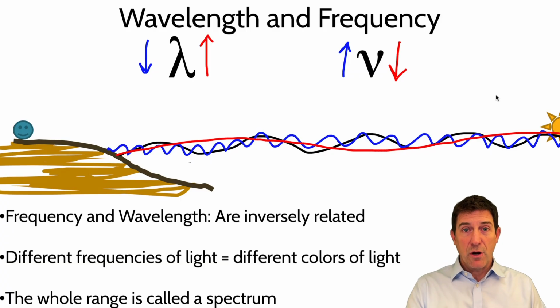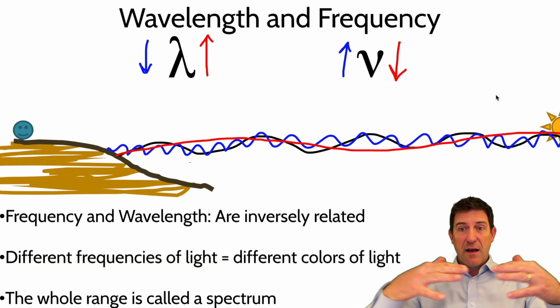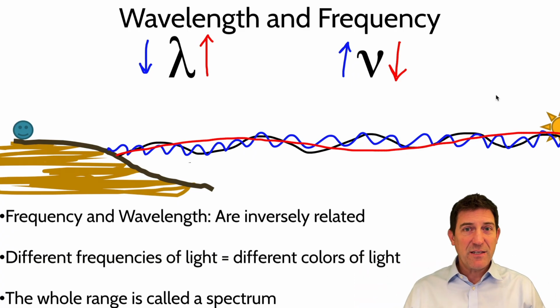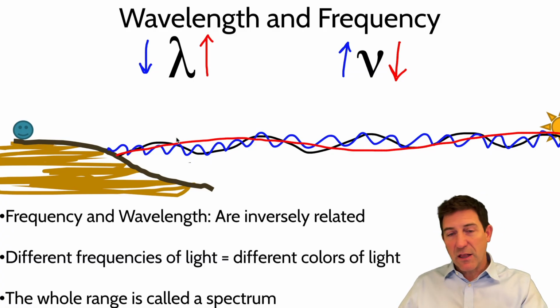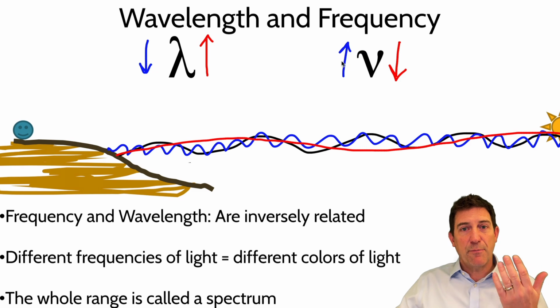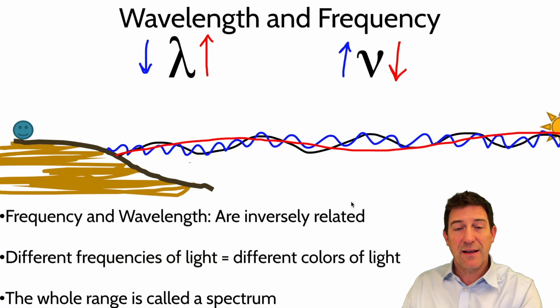That's why I drew it shorter. Red light has a really long wavelength. And then the other colors that we see fall in between. Your eye distinguishes that because the frequency of the light that's hitting your eye, or your receptors in your eye, tells it what color it should tell your brain you're seeing at that moment.